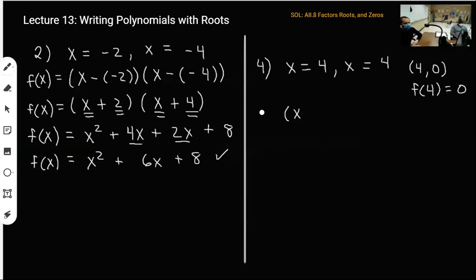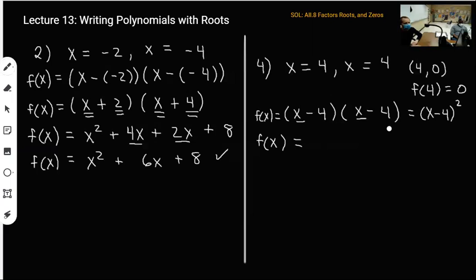So I'm going to have x minus 4 and x minus 4. And let me put my f of x. So f of x equals x minus 4 times x minus 4. If you wanted to, you could rewrite this as x minus 4, the quantity squared. That would be fine, but we're really trying to FOIL it. So we need this expanded form.